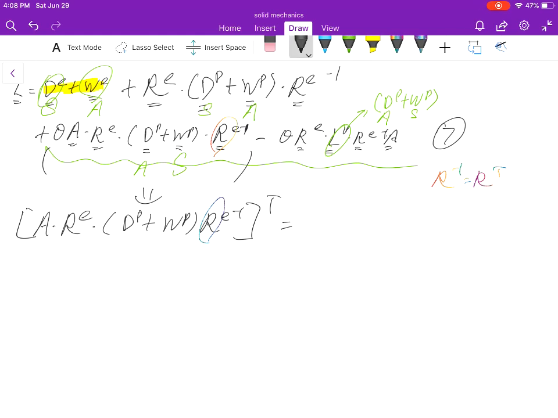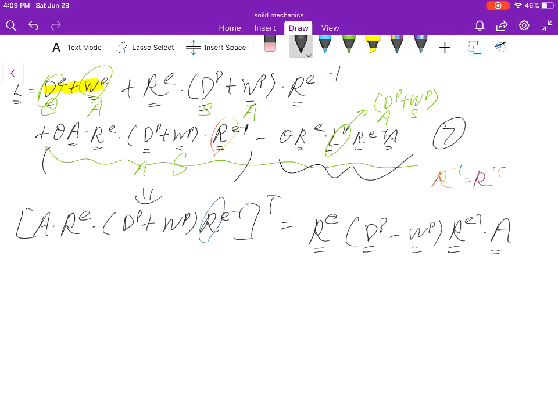So what we get is RE and DP transpose of it, DP and WP, because WP is antisymmetric. Here we have RE transpose and times A, because transpose of A equals A. A is a symmetric matrix.